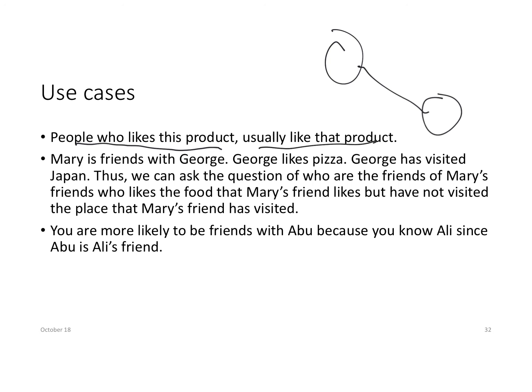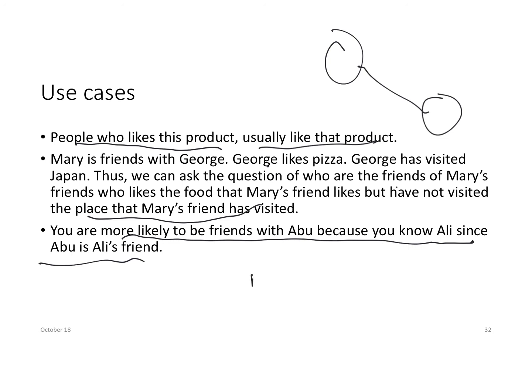So Mary is friends with George. George likes pizza. George has visited Japan. Thus we can ask who are the friends of Mary's friends who like the food that Mary's friend likes but have not visited the place that Mary's friend has visited. So you are more likely to be friends with Abu because you know Ali, since Abu is Ali's friend. So we can show the relationship from one to another.